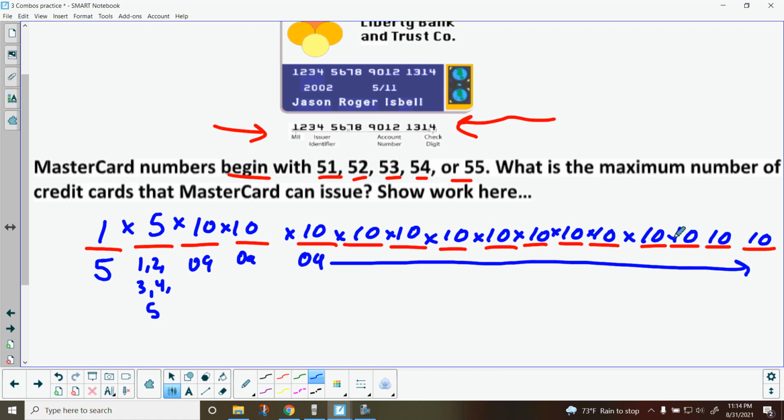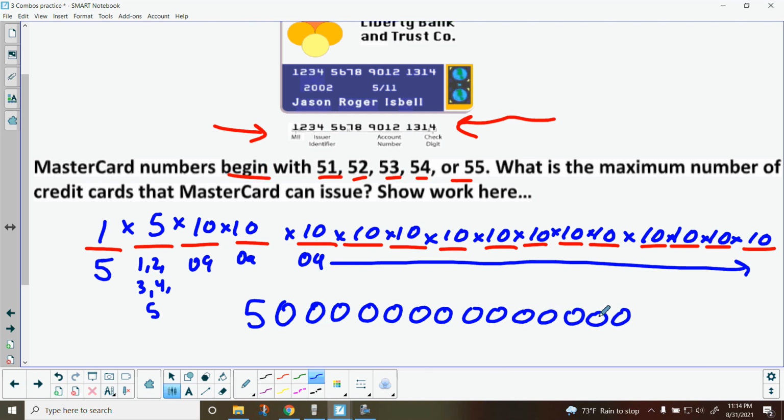And then it's just a matter of putting the zeros on. 1, 2, 3, 4, 5, 6, 7, 8, 9, 10, 11, 12, 13, 14. 14 zeros. Let's see. 1,000, million, billion, trillion. Can't remember what's past that. Needless to say, it'd be hard for you to figure out credit card numbers randomly.